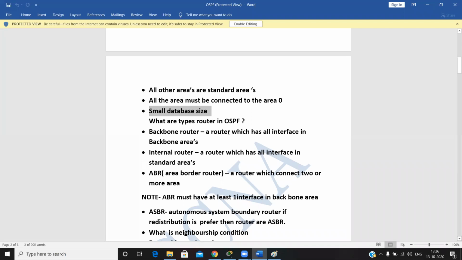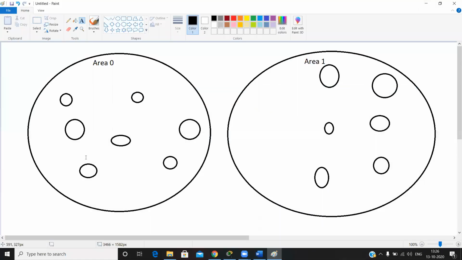A backbone router is a router which has all its interfaces in the backbone area. If all the interfaces are in the backbone area, then it becomes a backbone router, like in this example. All the routers are connected to each other, but only in area 0.